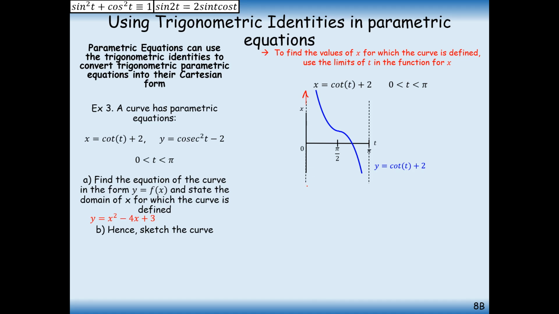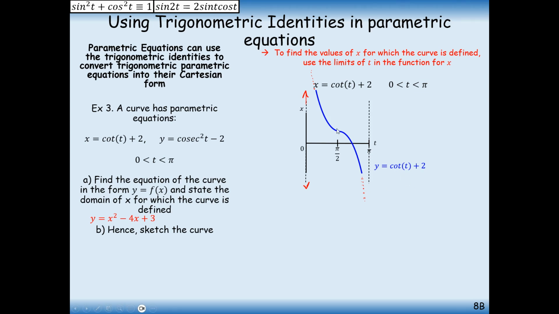We know that the asymptotes of cotan are at 0 and pi, so the value of x shoots up to positive infinity as t gets closer to 0, and x shoots down to negative infinity as t gets closer to pi.